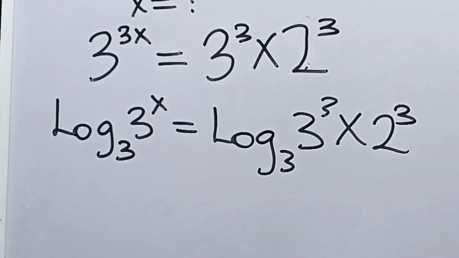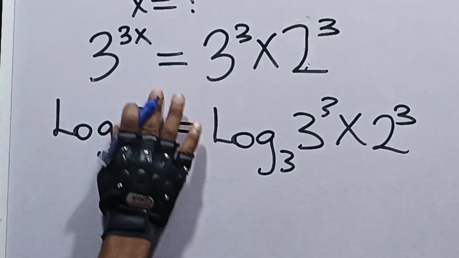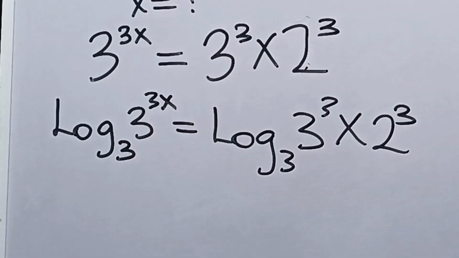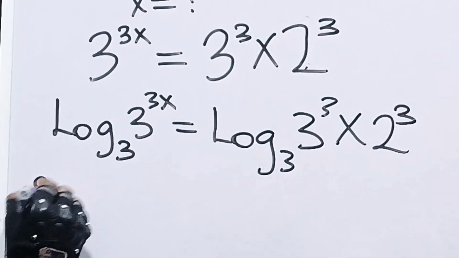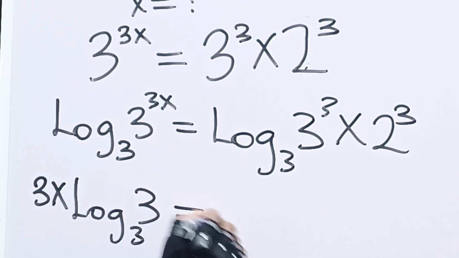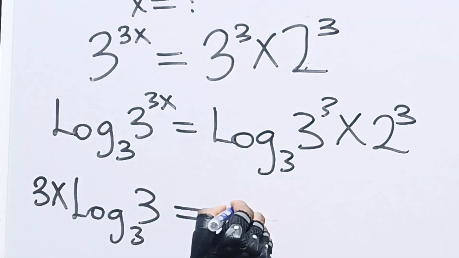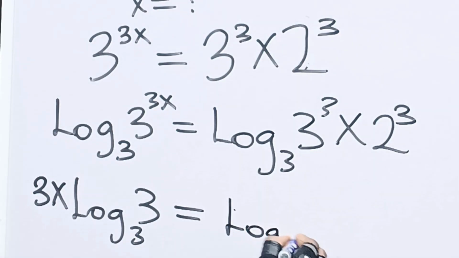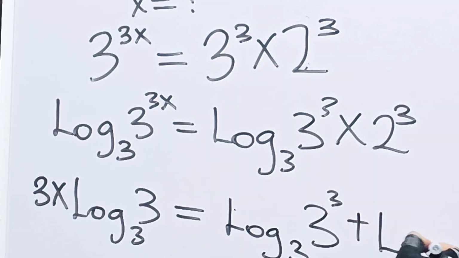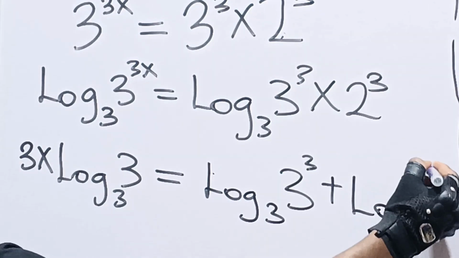Now we're going to have 3x multiplied by log base 3 of 3 equal to, on the other side, log base 3 of 3^3 plus log base 3 of 2^3.